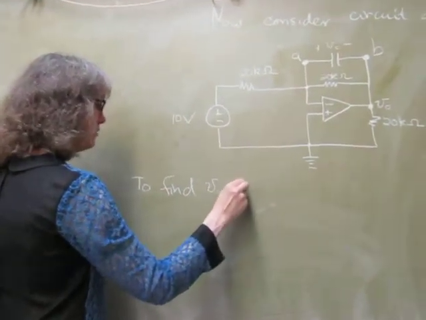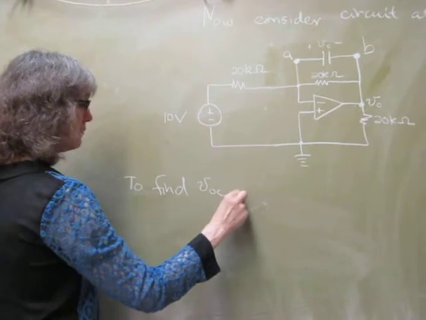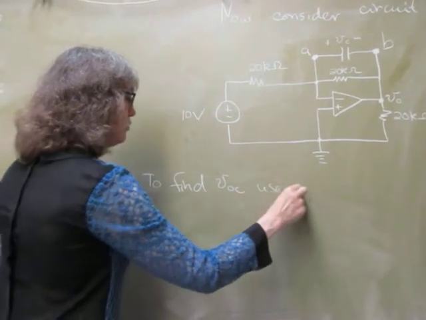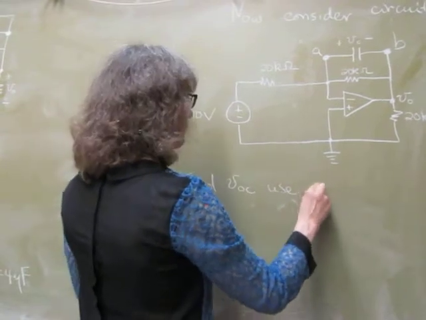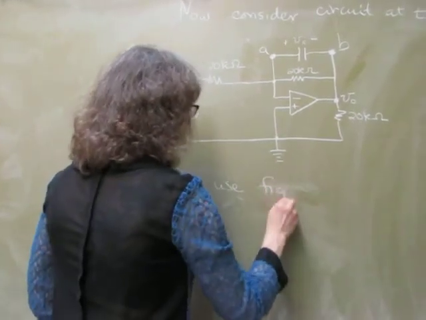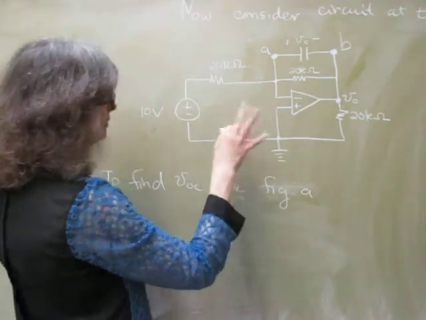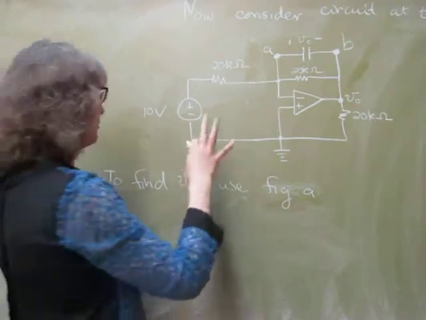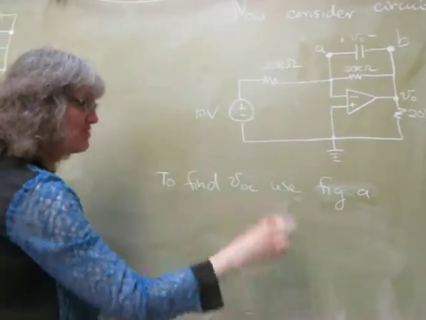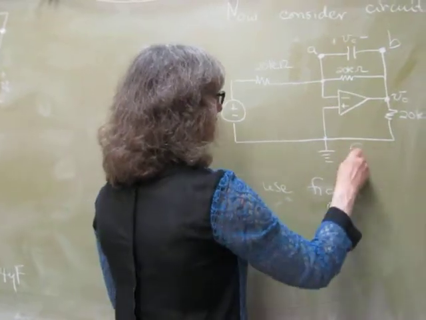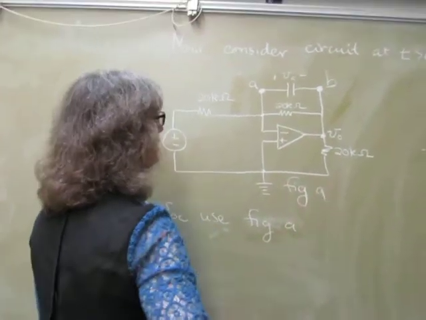So to find the open circuit voltage, I'm going to use picture or figure A. This is kind of important because you would actually be required to redraw it on your paper, but because of the space limitations and also the time limitations, I'm going to go ahead and label this figure A, and I'm going to change it just a bit.